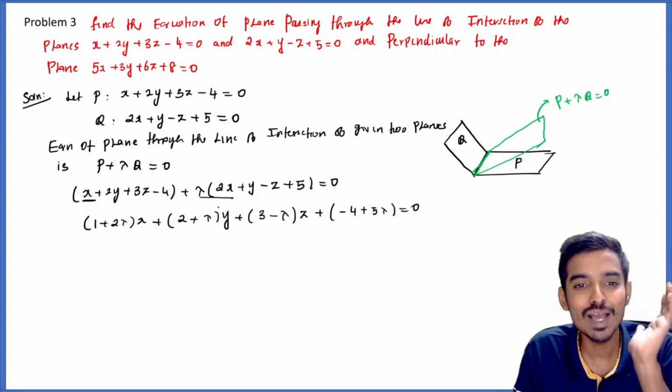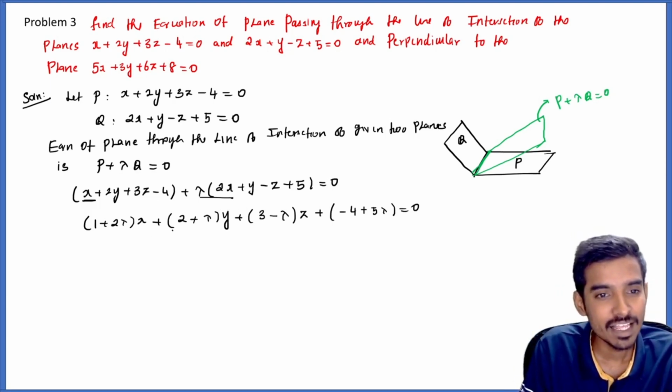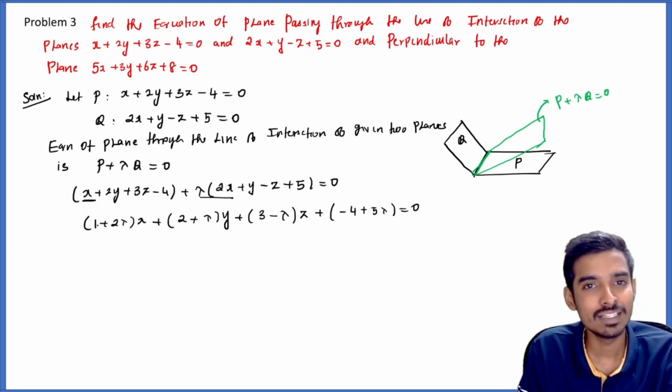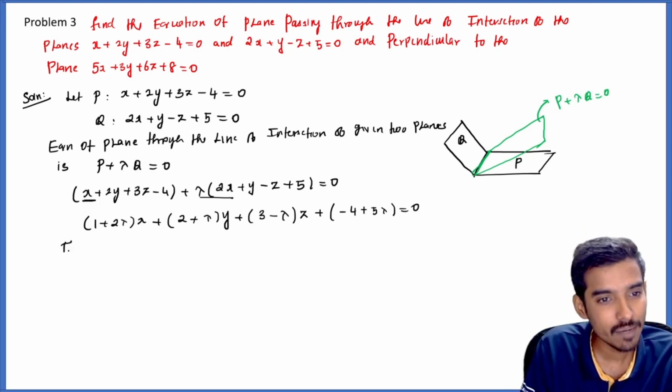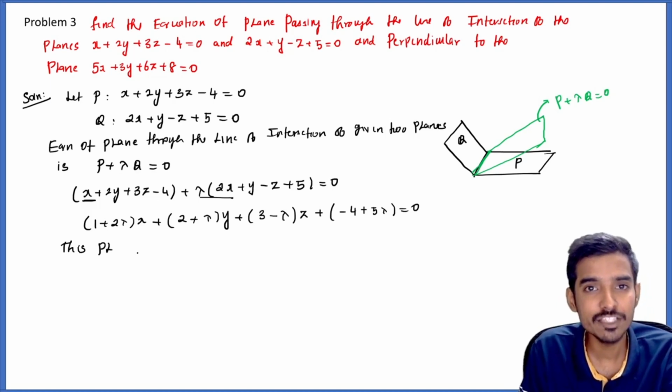Now, how to find the value of lambda? Listen very carefully. What is the direction ratio of the normal for this plane?